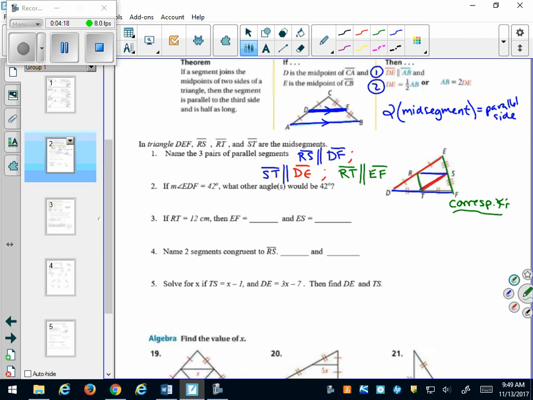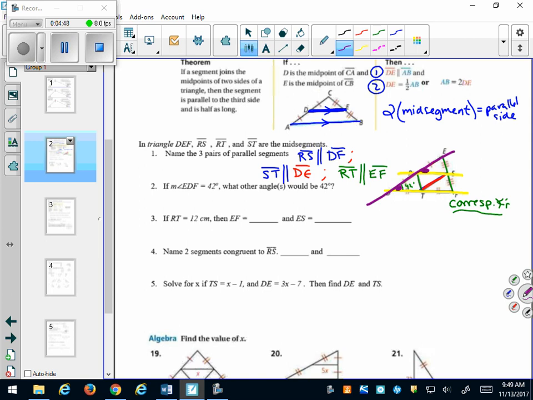Okay, so if EDF is 42 degrees, the question is, what other angles would be 42 degrees? So if you think of the parallel lines, these two, corresponding angles cut by this transversal, this 42 degrees would be matched here.